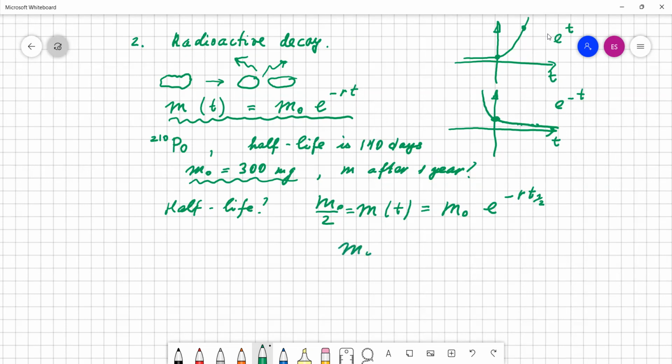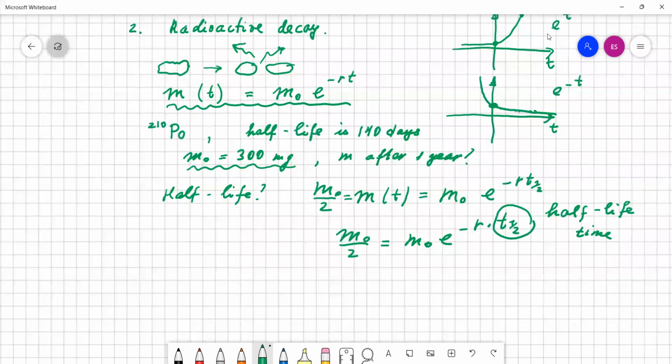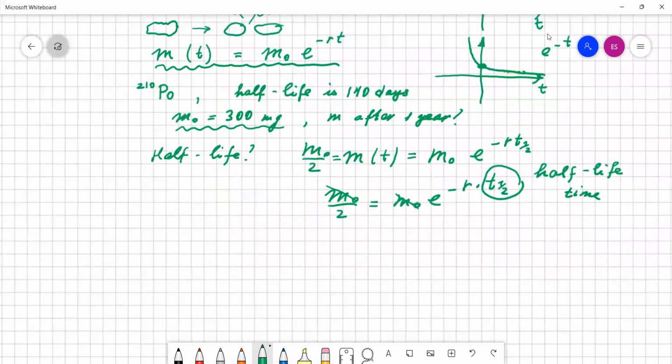Well, what we have: M0 over 2 equals M0 e to the power of negative r times T1/2, where T1/2 is the half-life. Because M0 is the same on both sides, we cancel it and have 1/2 equals e to the power of negative r T1/2. Because the exponential function is by itself, I'm going to take ln of both sides.